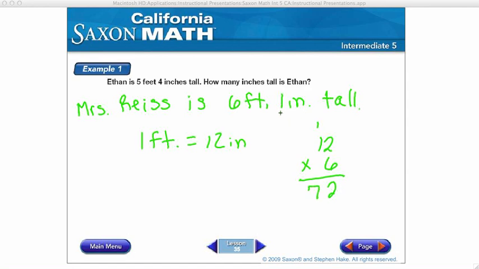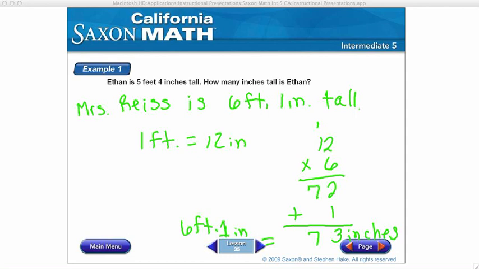And then I take this other inch and add it, plus the 1 inch I had left. And we have a total of 73 inches. So 6 feet 1 inch is equal to 73 inches.